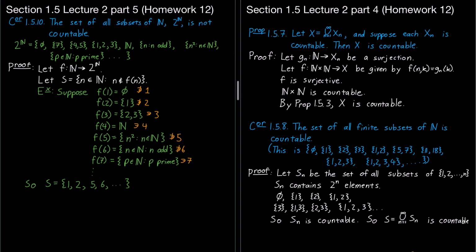This set S exists. And then here is my claim: f of n is not equal to S for any natural number n. So we're claiming that f is not surjective.